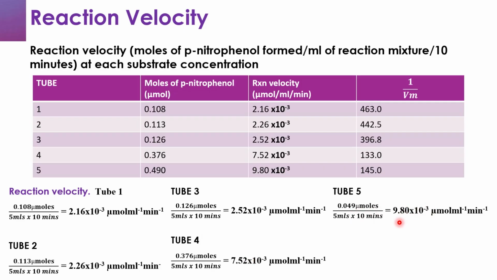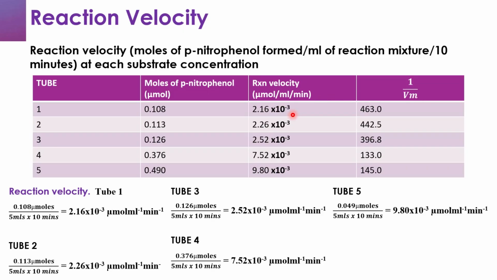And one thing that we also have to notice is that to plot a Lineweaver-Burk plot, we always plot the inverse of the reaction velocity, which is given as 1 over V, against the inverse of the substrate concentration, which is 1 over the substrate concentration. So what it means is that we have to determine the 1 over V over here.